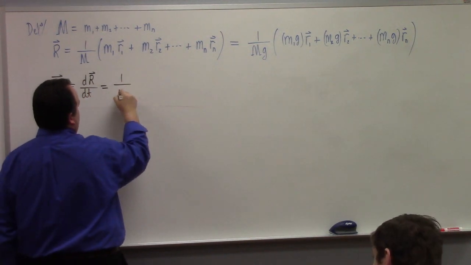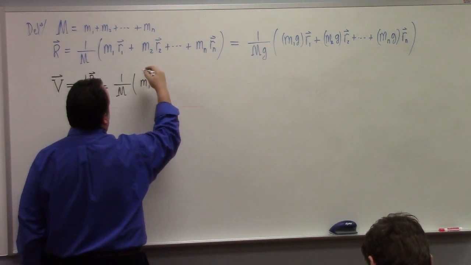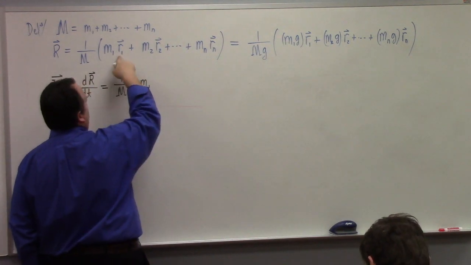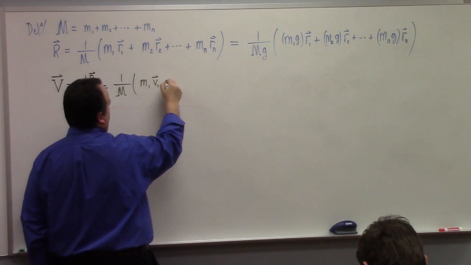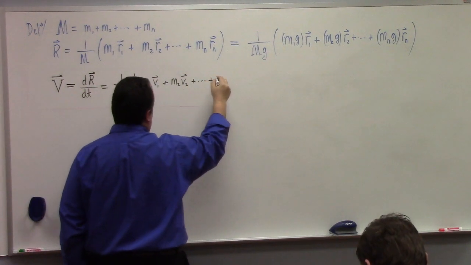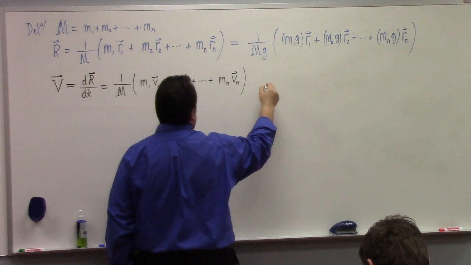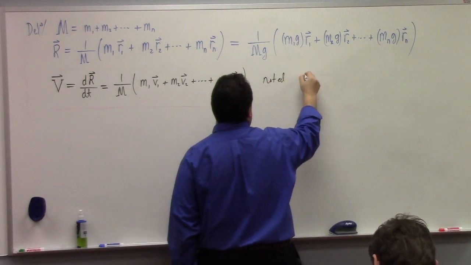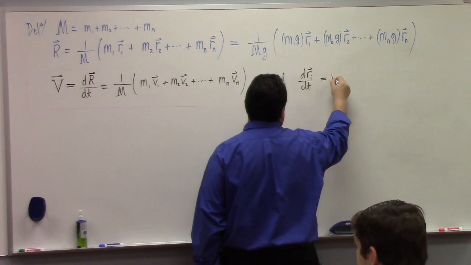You have 1 over M, which is a constant, and then you get m1 times dr1/dt. Well, dr1/dt is just v1, where I just noted that dri/dt is equal to the ith velocity.